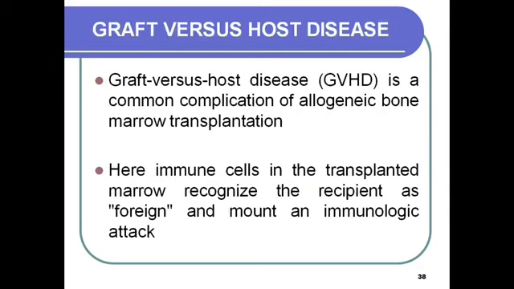And we have GVHD, graft versus host disease, a common complication of allogenic bone marrow transplantation. Here the immune cells in the transplanted marrow recognize the recipient as foreign and mount an immunologic attack. It is like autoimmune.